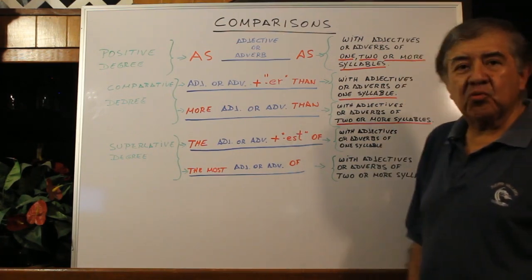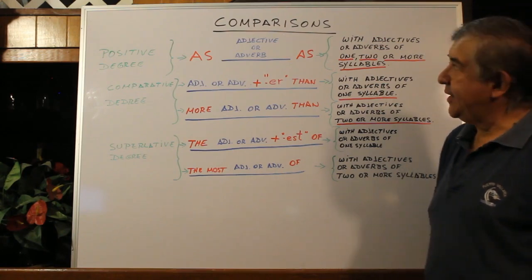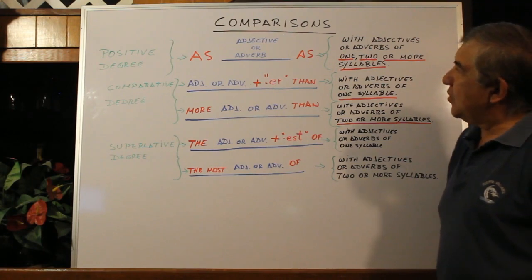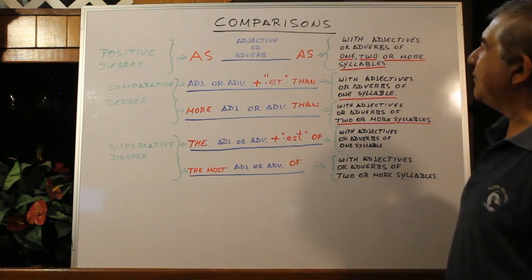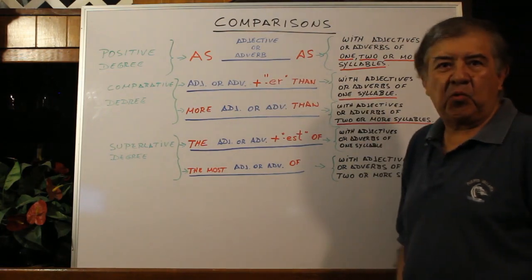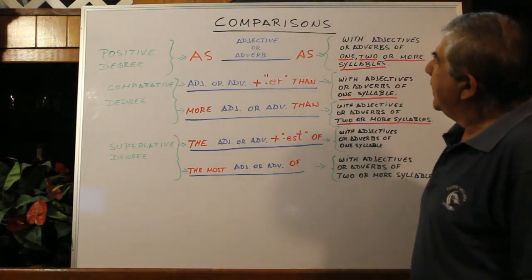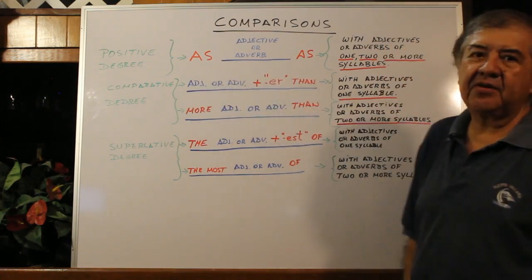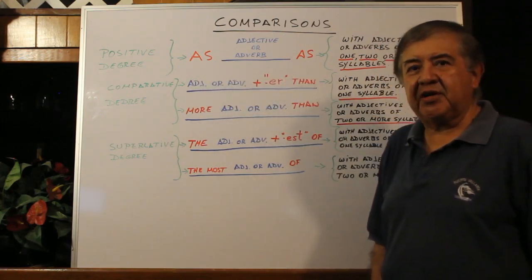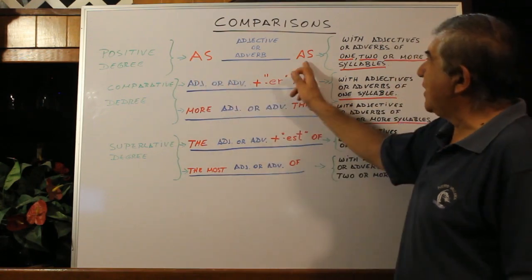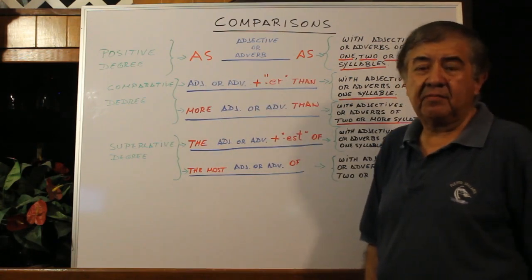There are some special rules for these structures. Let's see first the positive degree. When we use the positive degree, we have to take into account, first of all, the adjective or adverb that we're going to compare. And we're going to use the words as. Here it is very important for you to keep in mind that the first as means than, and the second as means como.